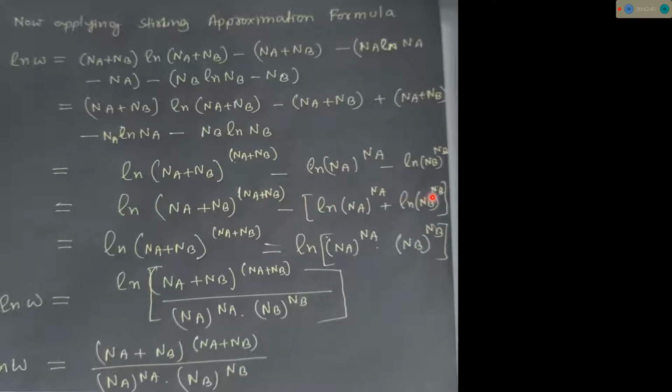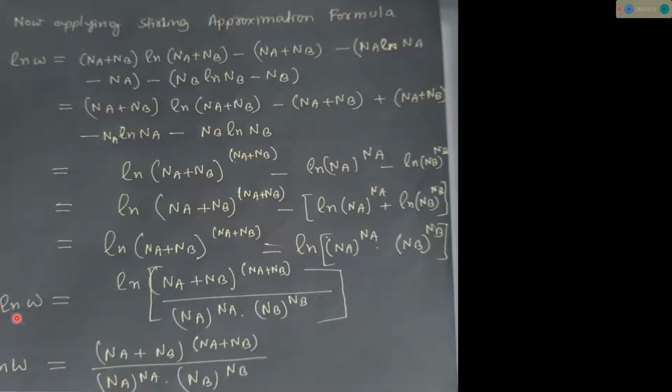So ln x plus ln y, we can write as ln of x into y. If there is a summation of ln terms, we can write the function in the bracket in multiplication form. And ln a minus ln b we can write in division format, so ln a by b.